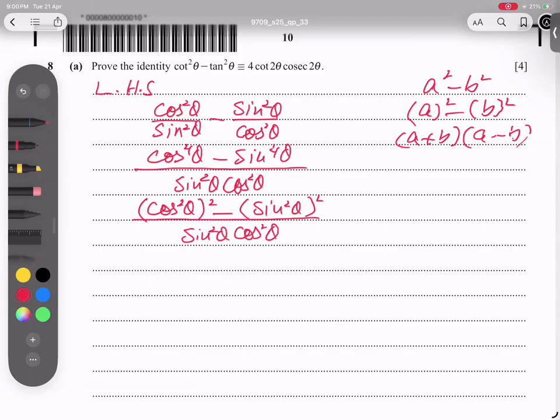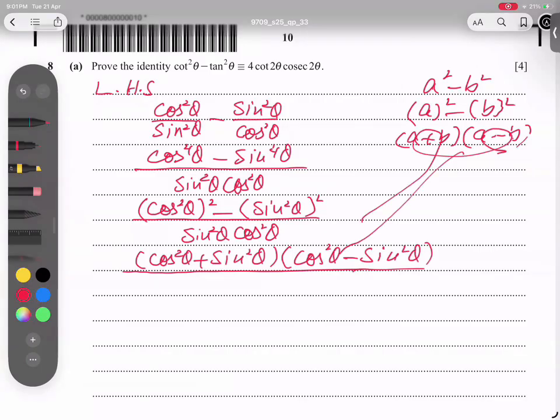So check it, students, this property is applicable now. So I can say in the numerator, I'm writing here cos squared theta plus sine squared theta and cos squared theta minus sine squared theta. As I said before, one time plus and one time minus. And down, if you look carefully, in the denominator we have cosecant. What is the cosecant?